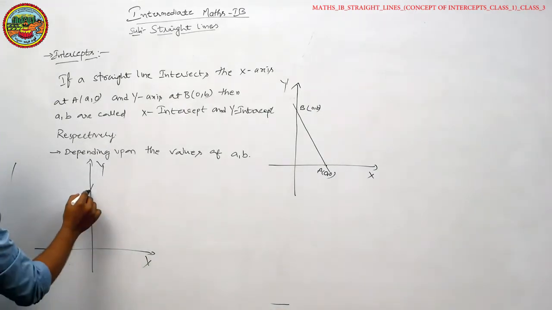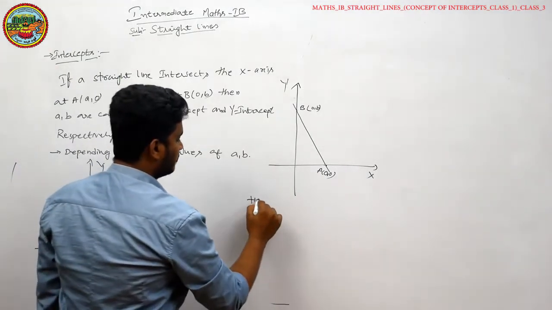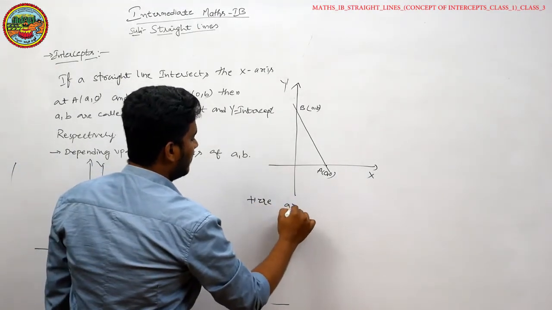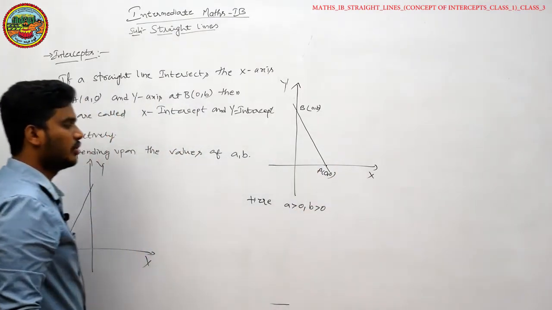If the line touches with A greater than 0 and B greater than 0, because the A value is positive and the B value is positive.